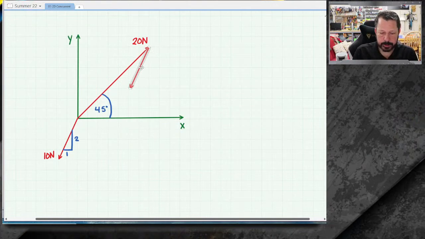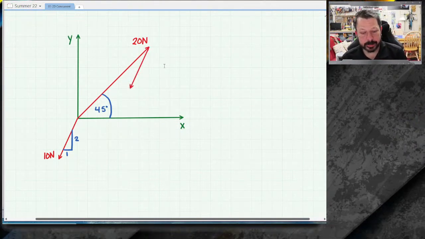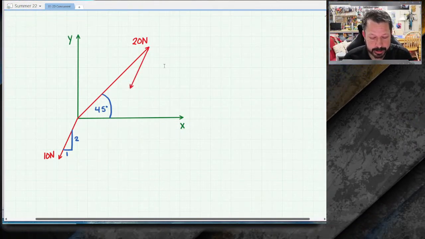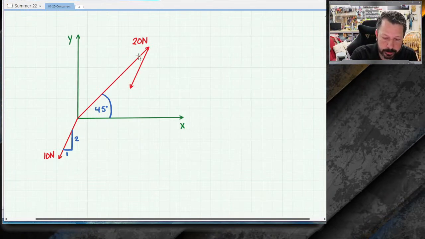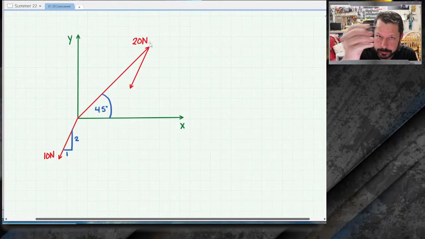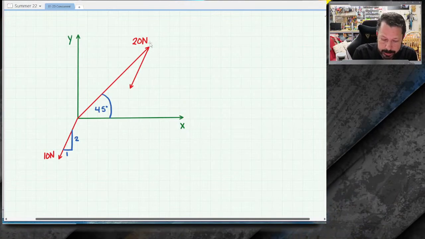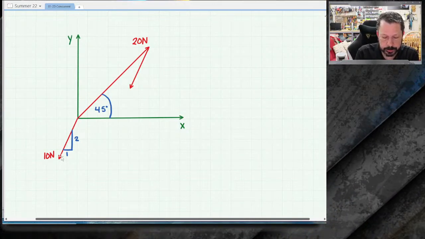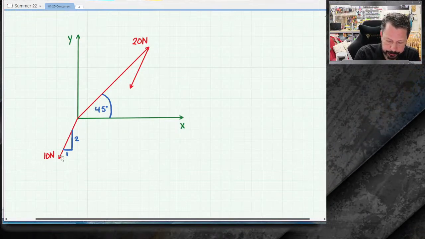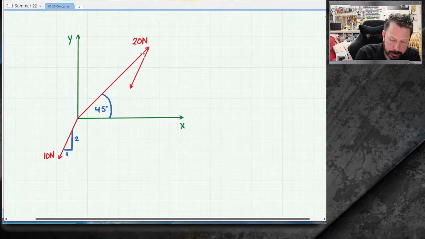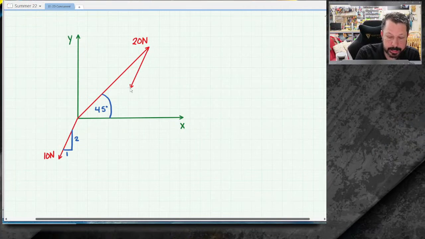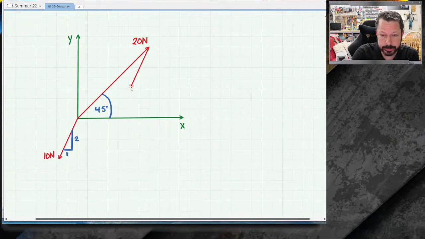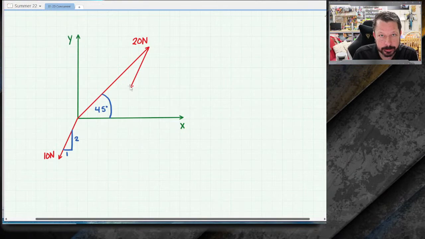So I have physically added these two vectors together. Here's one vector, 20 newtons going at 45 degrees above horizontal, and then I've added the 10 newton that goes in this other direction, the -2 over -1 direction. And I've added them together by overlapping them head to tail and showing where they end up.